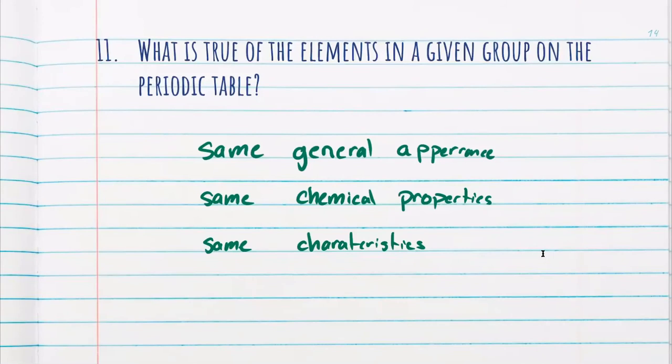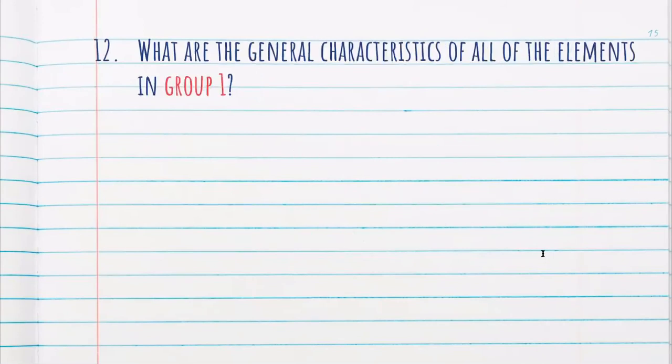Let's take a look at our first group. Well, what are some of the general characteristics about elements in group 1? For starters, all of our alkali metals are really shiny, and they're really soft, meaning that it doesn't take a lot of force to bend them.